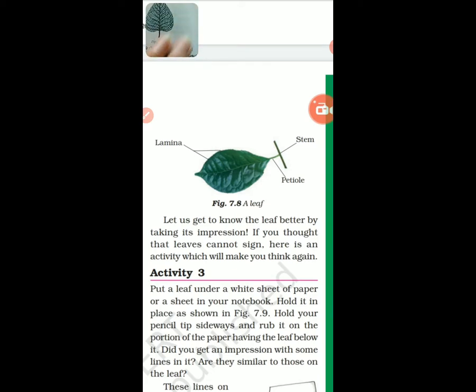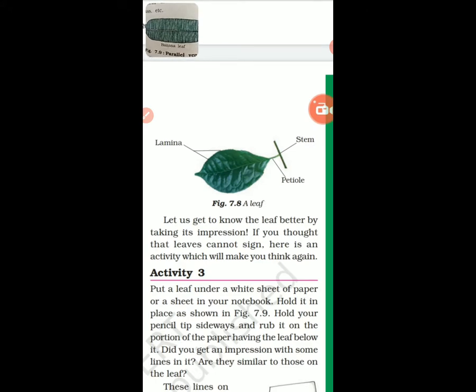And when the venation is parallel to one another, it is called parallel venation. Here you can see it properly, the parallel venation. They are parallel to each other. Lines सीधी सीधी होती है.